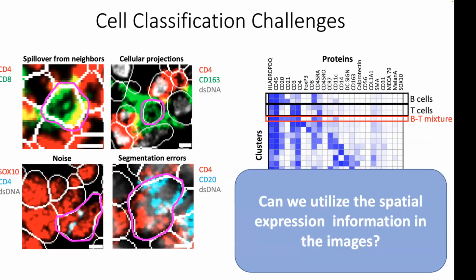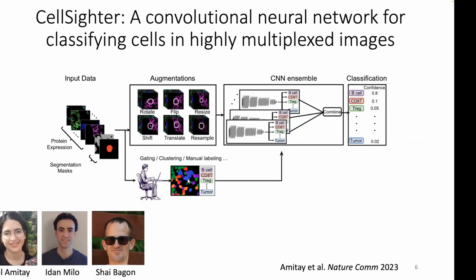So our first question was, can we utilize the spatial information in the images we see very clearly? Our first try at that was to use a CNN, and this is a tool called CellCiter that was published in Nature Communications this year. We manually labeled a lot of cells and used an ensemble of CNNs to classify the cells along with confidence scores.